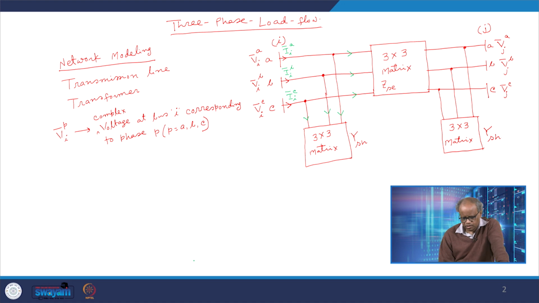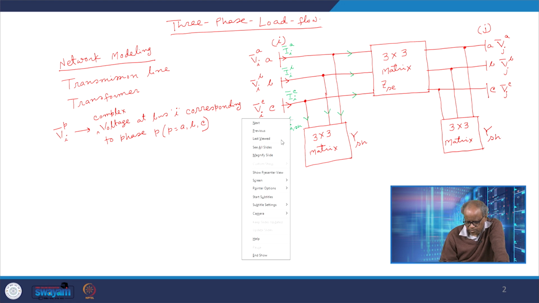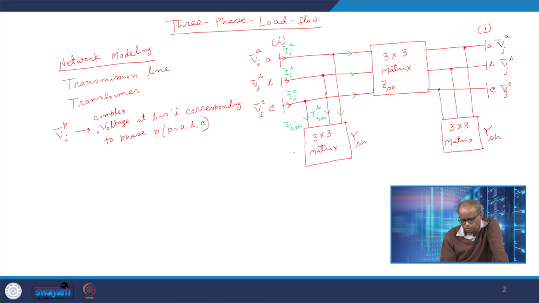So I say that this current is I shunt corresponding to phase C. This current is I shunt corresponding to phase B, and this current is I shunt corresponding to phase A.